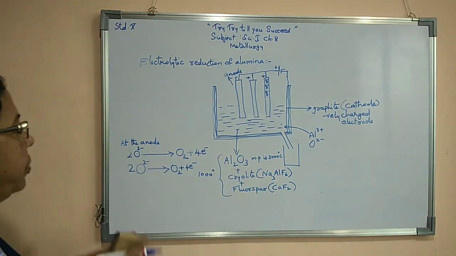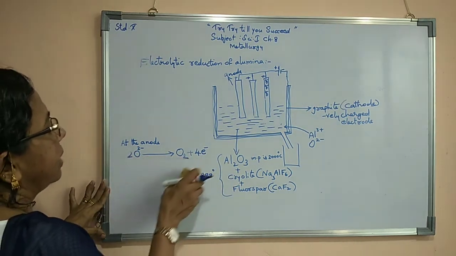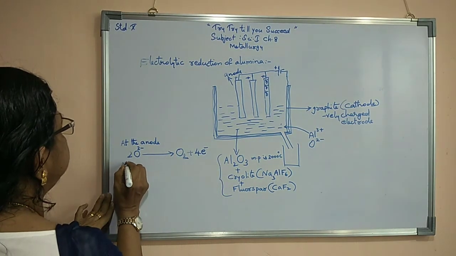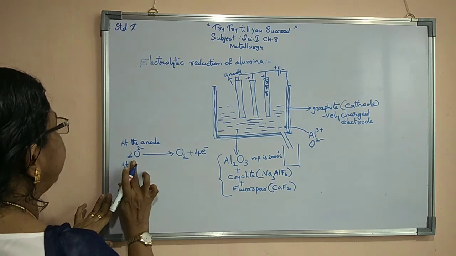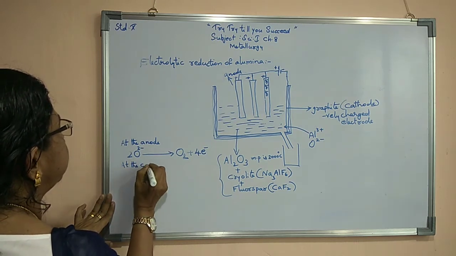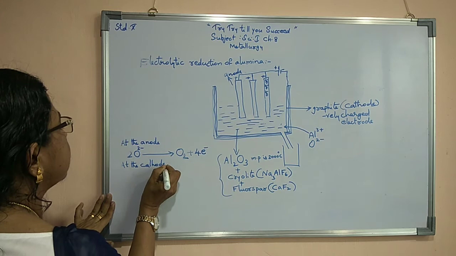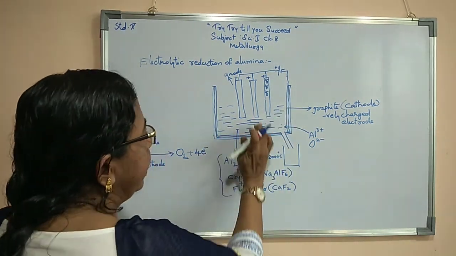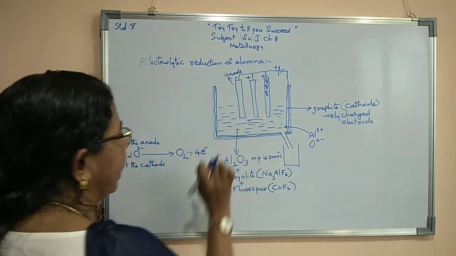Now we are studying the cathode reaction. What is happening at the cathode? At the cathode, the graphite lining is there, and aluminium ions are coming and collecting.